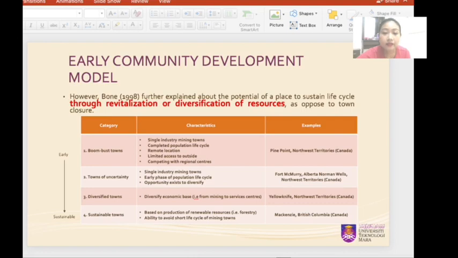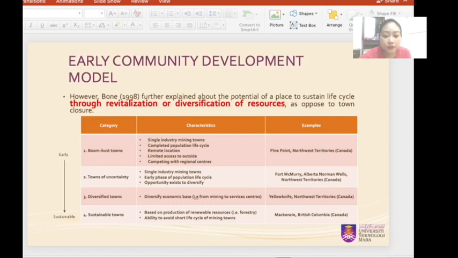However, in the same year, 1998, he further explained the potential of a place to sustain its life cycle through revitalization or diversification of resources as opposed to town closure.